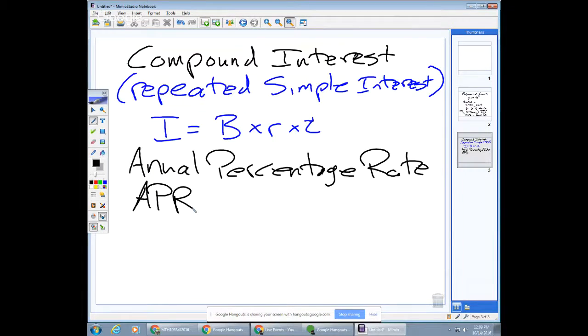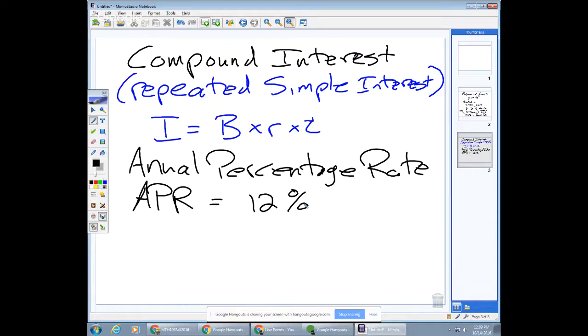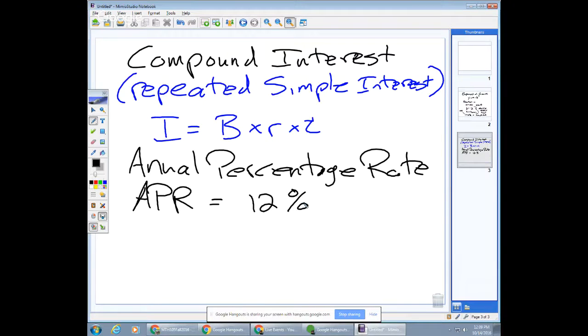So let's just suppose somebody gave us an awesome deal of 12% for an investment. Good luck finding that. I think only hedge fund managers get that. The rest of us get like 0.5%.